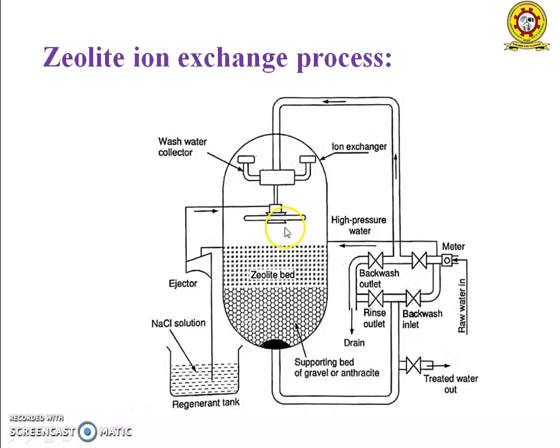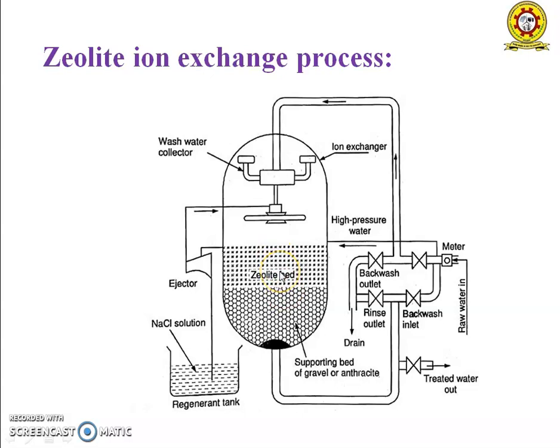So here the raw water enters into the zeolite softener at the top. It flows down through the bed. The raw water enters into the meter, and from the meter it enters as high pressure water through the zeolite bed.